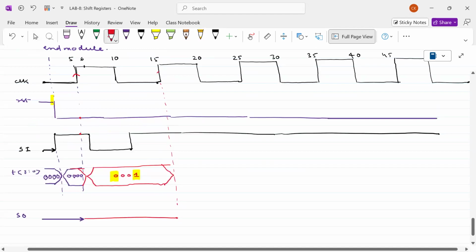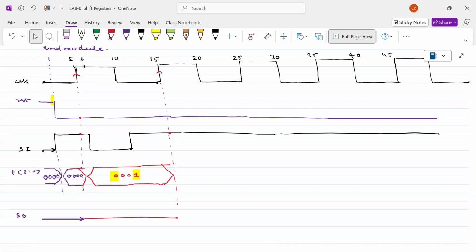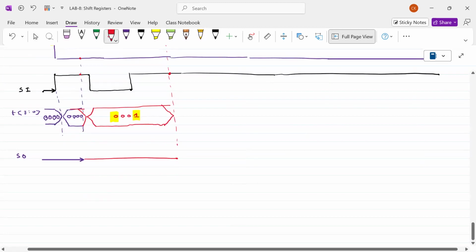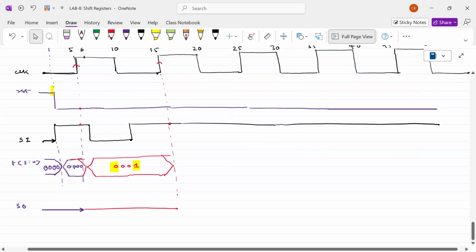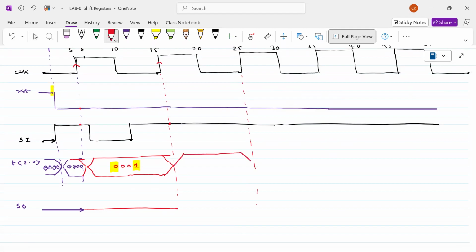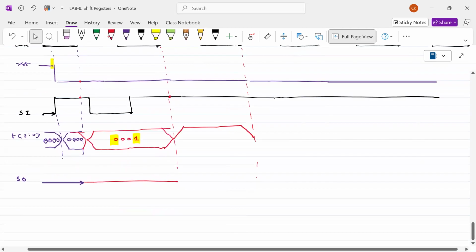What is the next one? At the next positive edge of the clock, again you can see there is no reset, but there is a 1. Therefore, till the next positive edge of the clock, this goes something like this, because this is the bus representation.